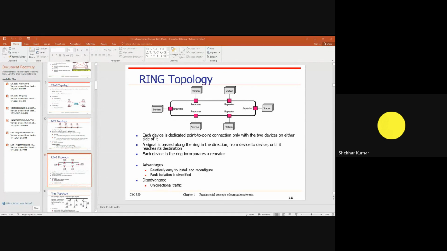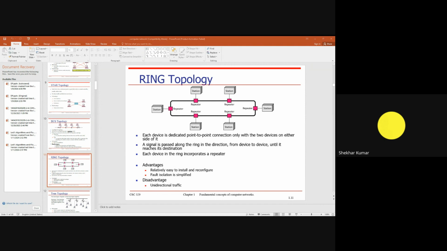So exactly two neighbors for each device, because every node is connected with its neighbor and the last node is connected with the first one. It forms a ring.